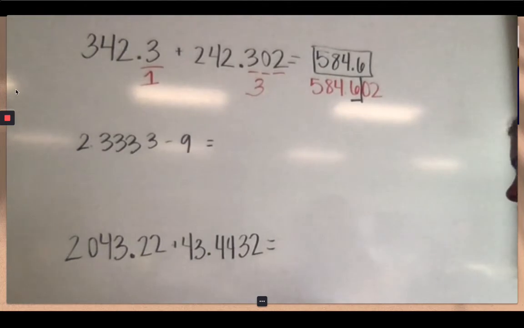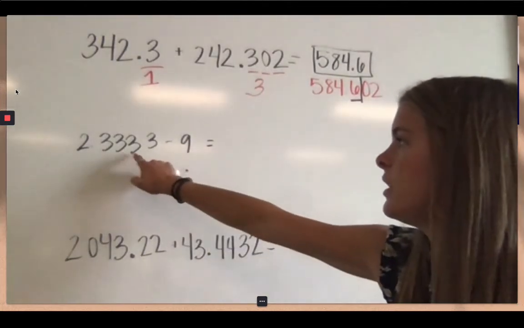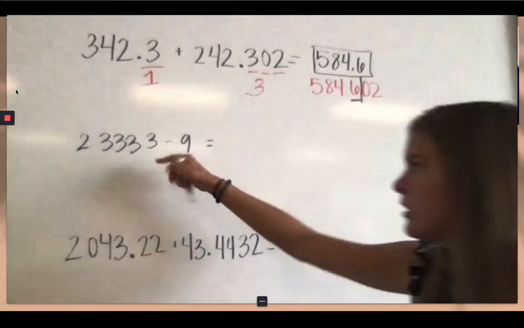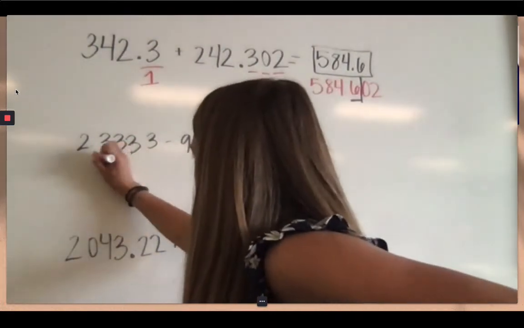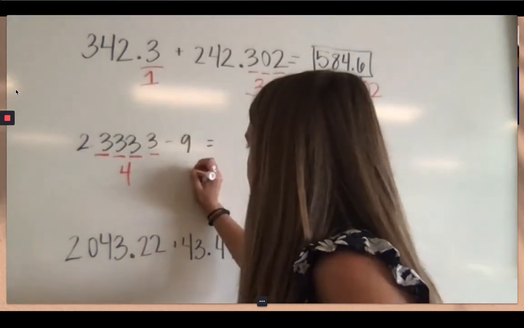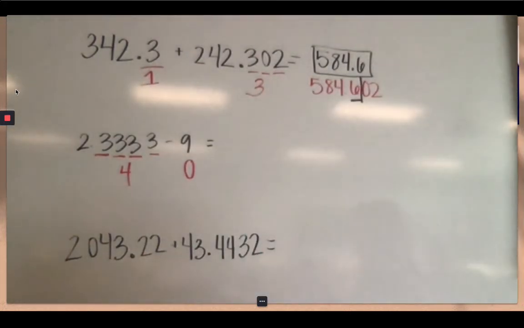In the second problem, we're looking at the question 2.3333 minus 9. The number 2.3333 has 1, 2, 3, 4 decimal places, and 9 has 0. So how many decimals can be in our final answer? Correct, 0.